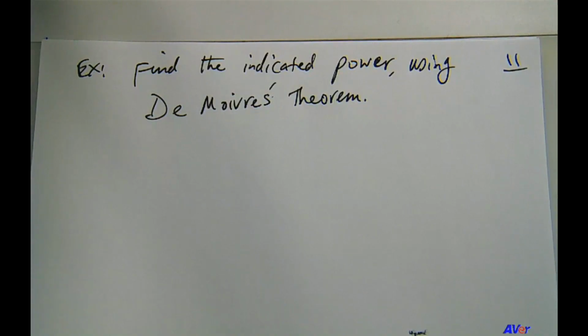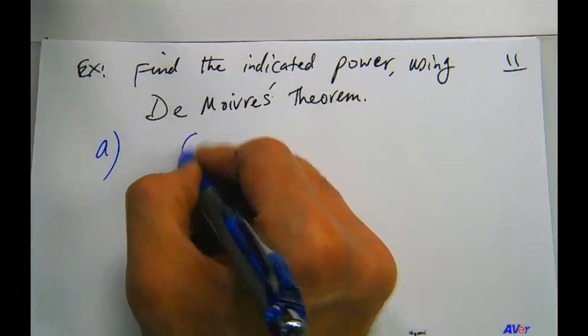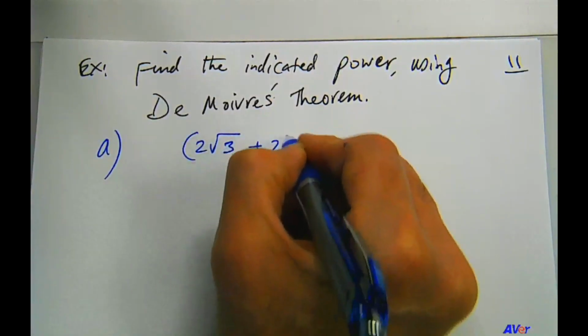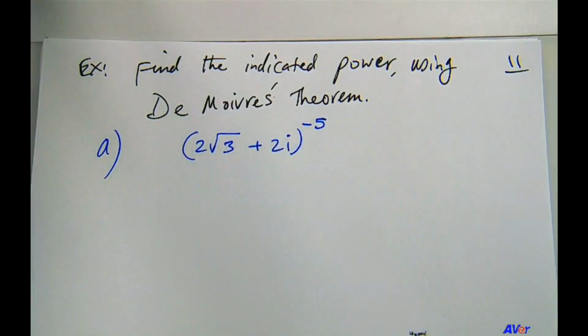Okay, so let's see, we have a couple of these examples. Let's name this part A then. So part A, we have 2 square root of 3 plus 2i, raised to the minus 5 power.